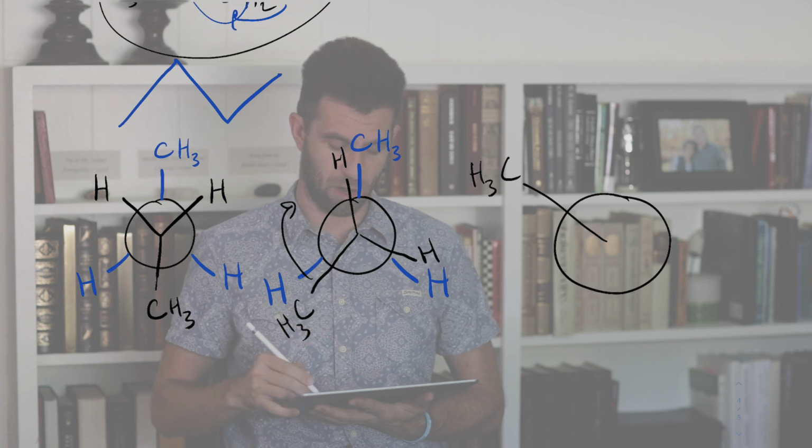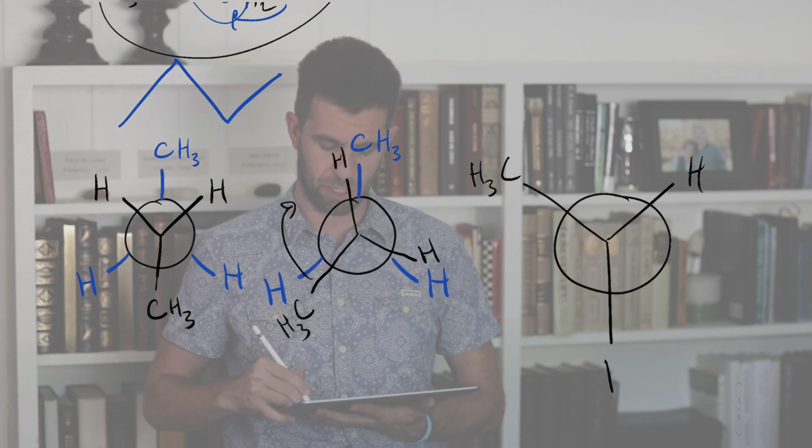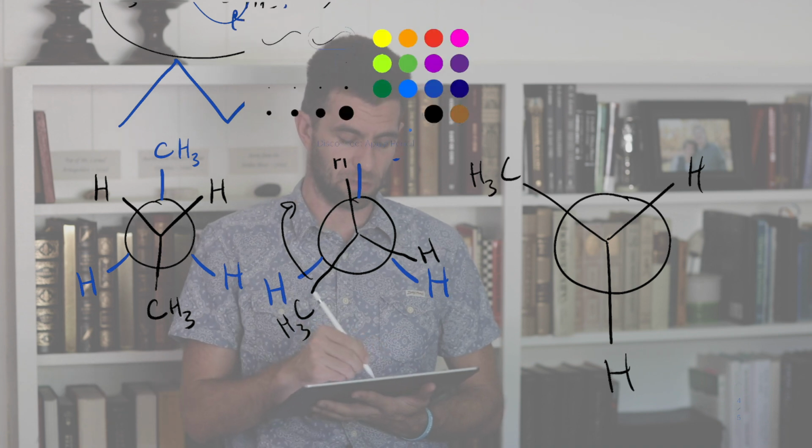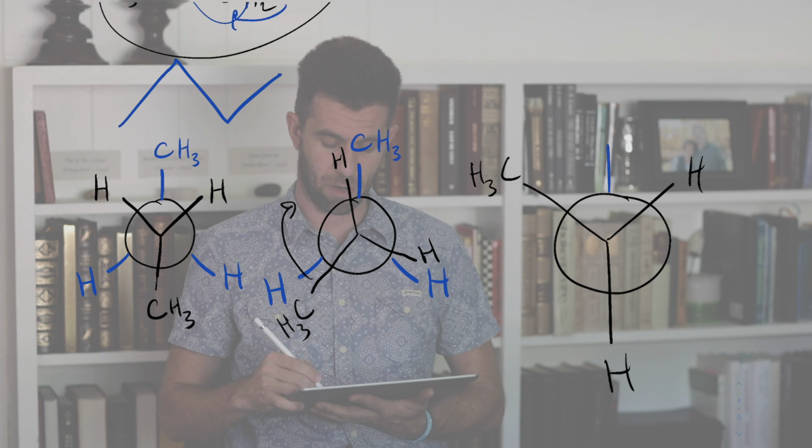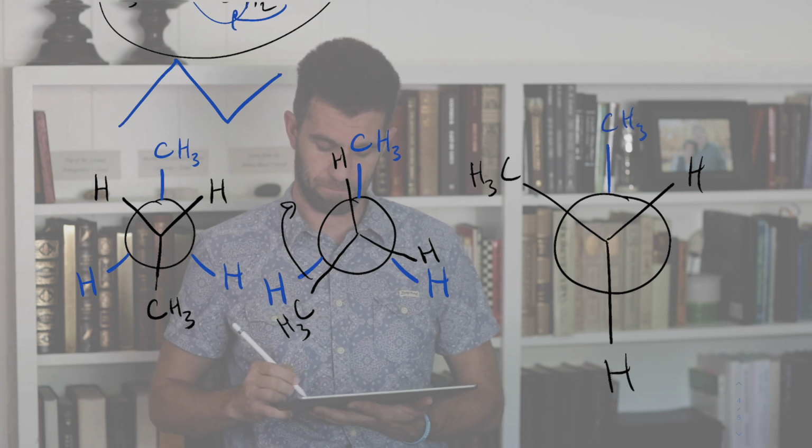And we're going to have our H right here, and then we're going to have this H down here. That means that sort of in the back here, we're going to have our still CH3 here. Hydrogen here.